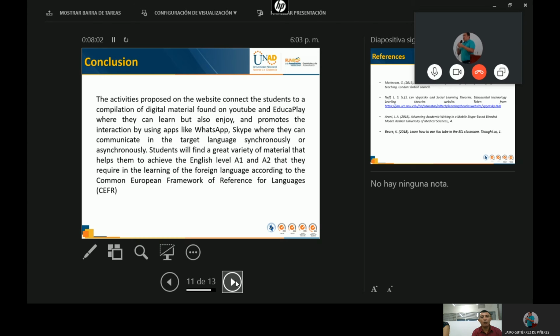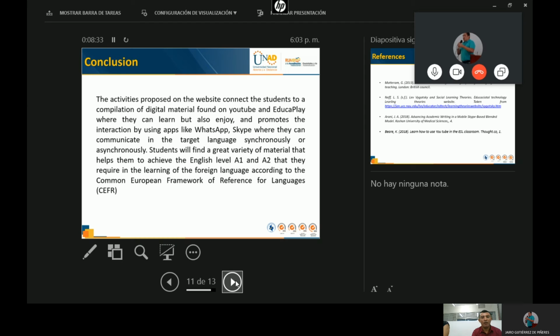The activities proposed on the web page connect the student to a compilation of digital material found on YouTube and EducaPlay, where they can learn but also enjoy, and promote interaction by using apps like WhatsApp and Skype, where they can communicate in the target language synchronously or asynchronously.